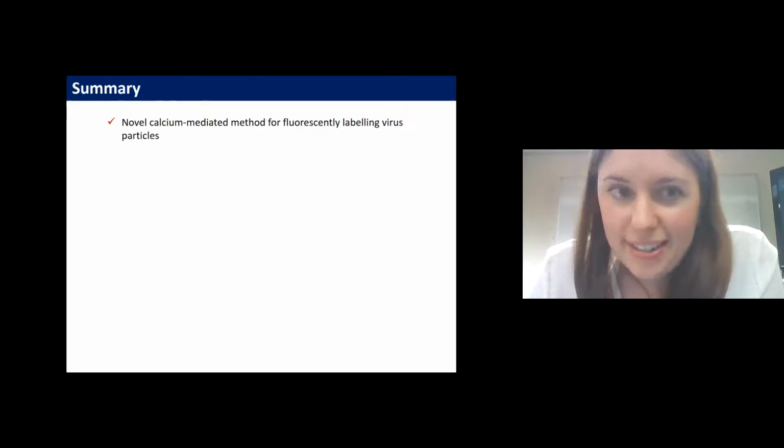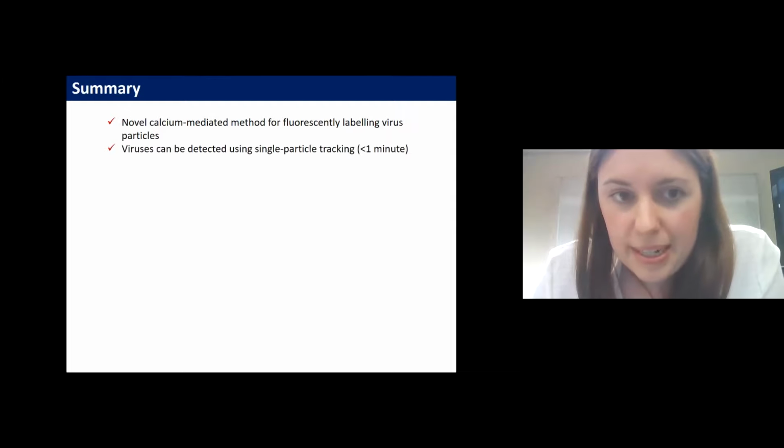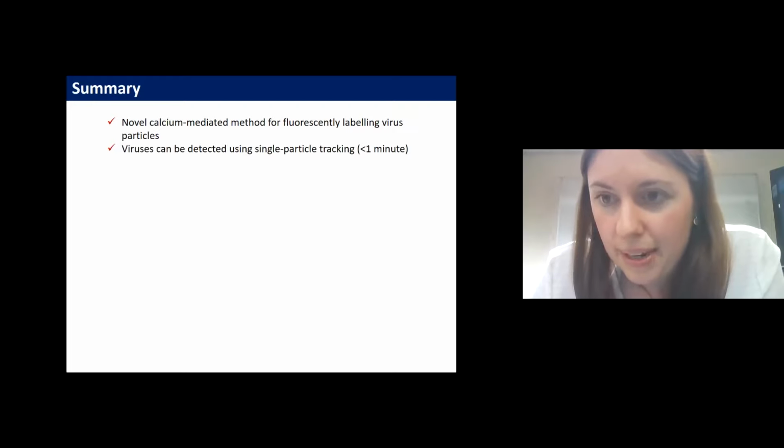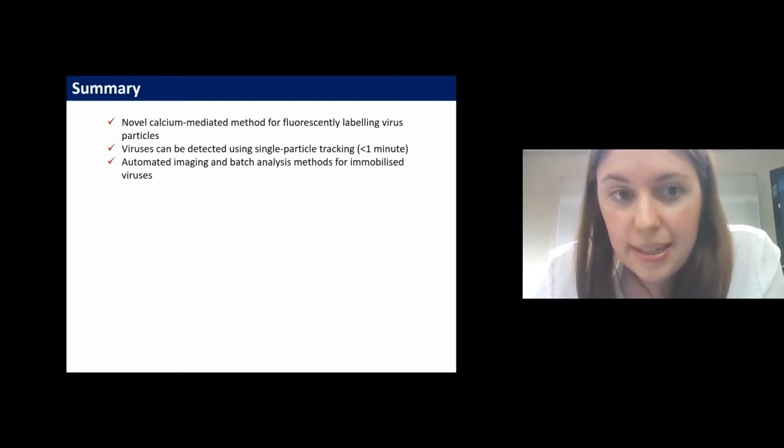Right, so that just leaves me to summarize. We have a method using calcium chloride to very, very quickly fluorescently label virus particles. We can use this method to track virus particles in a tracking assay where we get a readout in less than a minute.